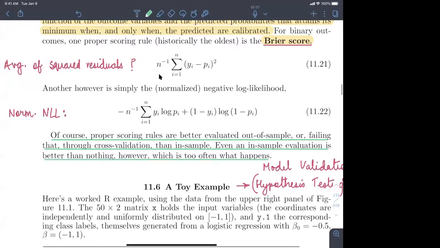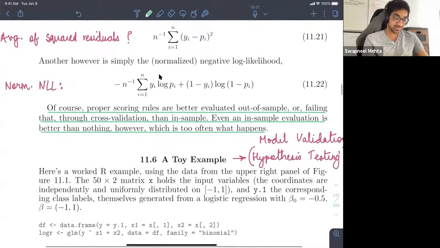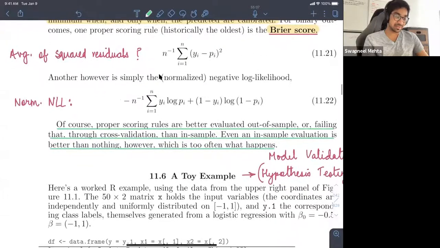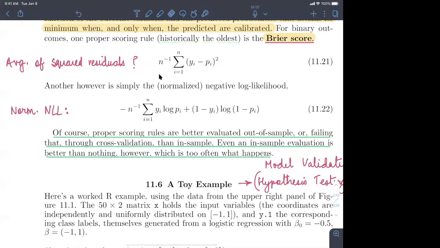I don't have a better answer than that. But clearly it is using the negative log likelihood, so it is the same thing. I guess it was discovered or used in a different context, so they named it differently. And to his credit, he mentioned historically the oldest.